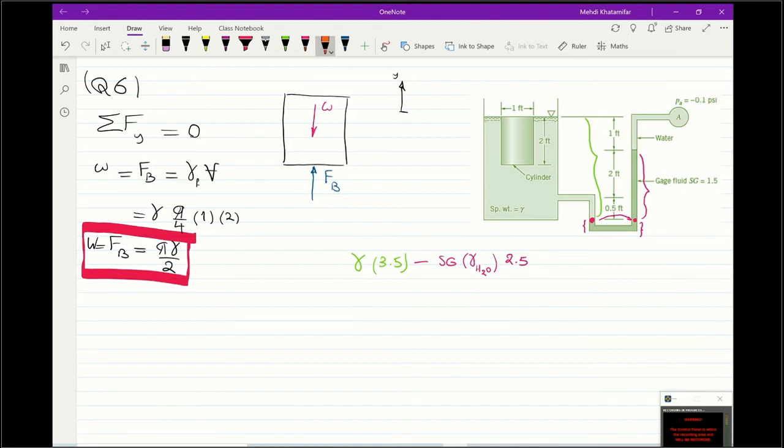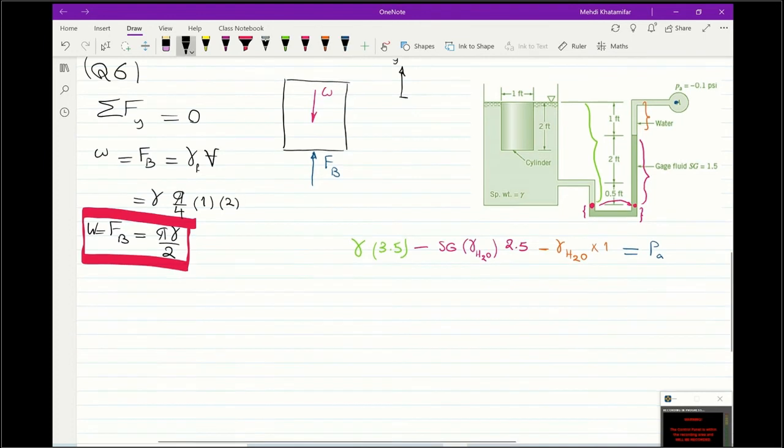Then we have pressure because of this height of water. Again, upward is going to be negative, gamma for water times the height, which is 1 foot, and it is going to be equal to PA.